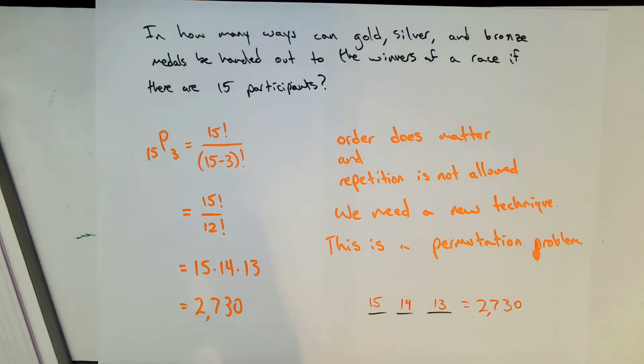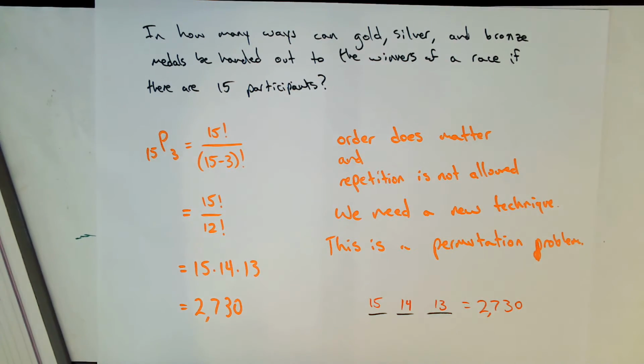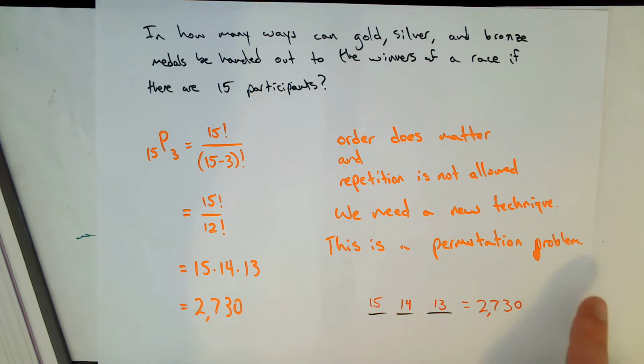So a lot of times with permutations, you may say, do they even need their own fancy formula? Because our intuition can get us there. If we have good critical thinking and problem solving skills, we can get there just by using this method, which we've already practiced a bit. So in answer to that, I would say you have a point. Maybe permutations don't need their own formula, but it really is useful.